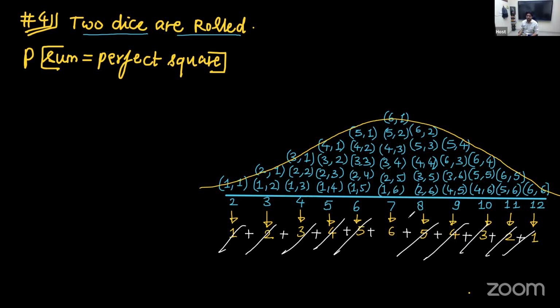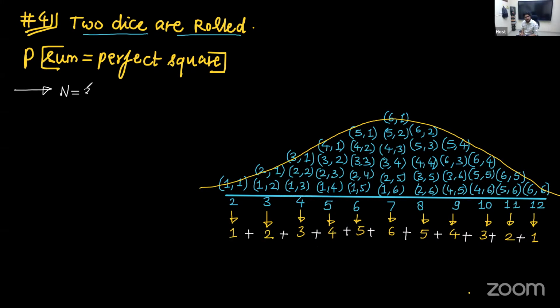So there are 36 total outcomes available. And how many are favorable to us?